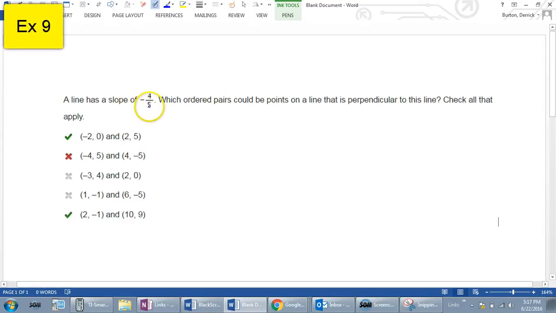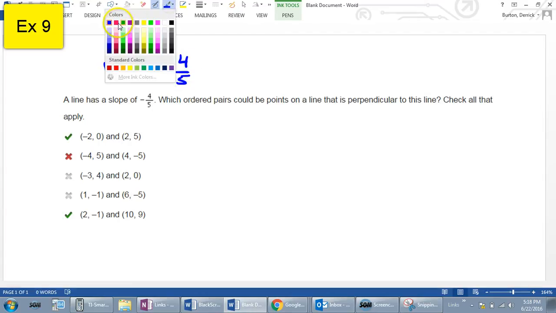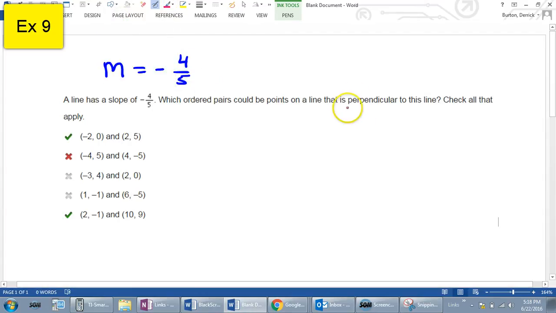A line has this slope. Which ordered pairs could be points on a line that is perpendicular to this line? Check all that apply. So they're giving us the original slope of -4/5, and using the word perpendicular.